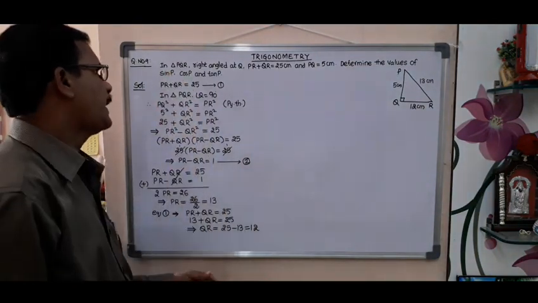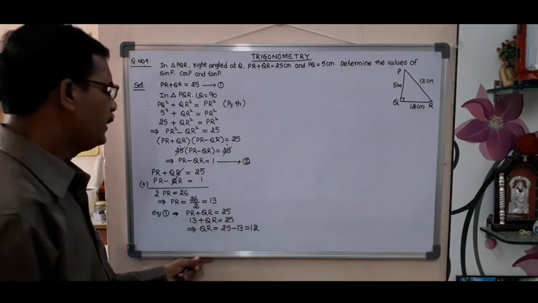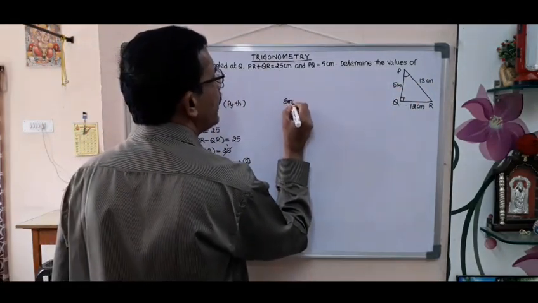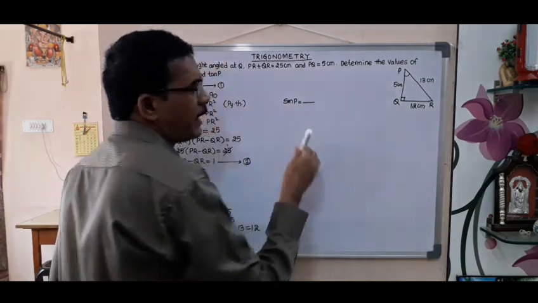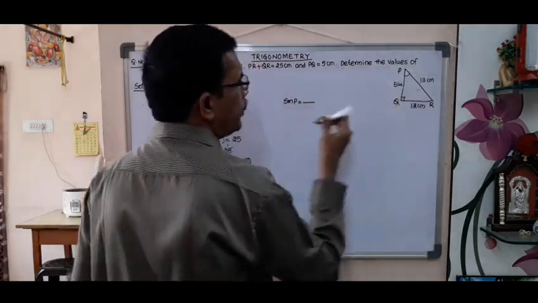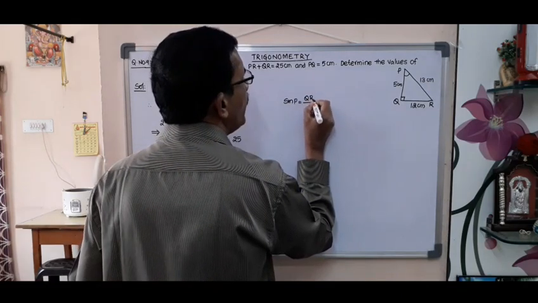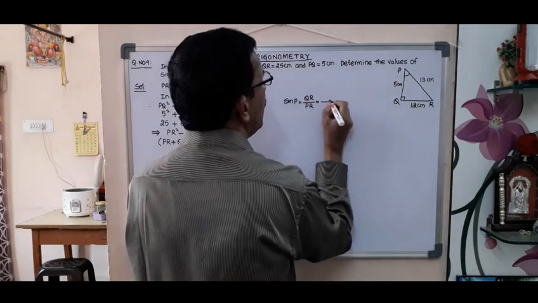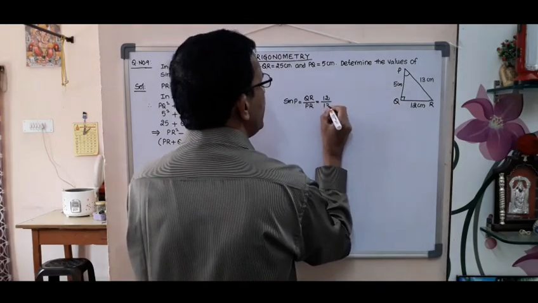Now let us find sin P, cos P and tan P values with respect to P. Sin P is equal to sin theta definition, opposite by hypotenuse, QR by PR. Here QR length is 12, PR length is 13.